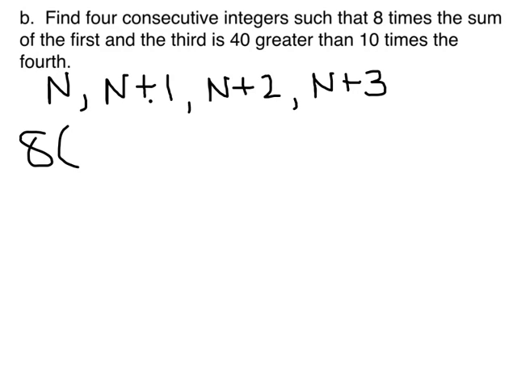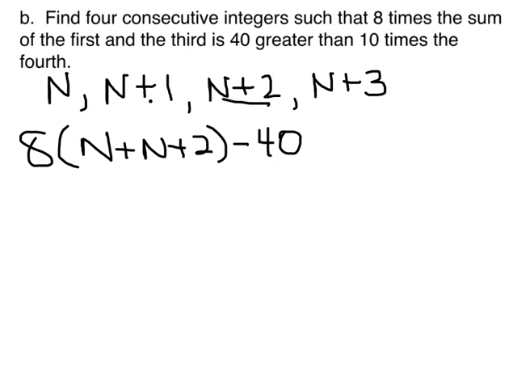The first and the third is 40 greater than, so this side is 40 greater than, so to make it equal on both sides, I will have to subtract 40 from this side. Now it is equal to 10 times the fourth. Keep that in parentheses because that 10 will distribute over both terms.